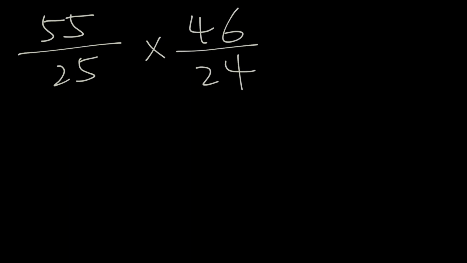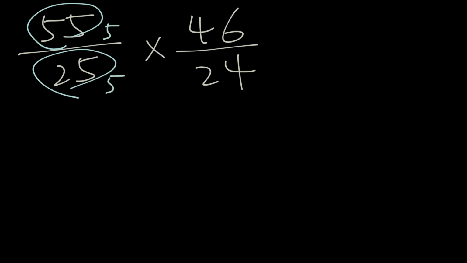Now by looking at this question, what do we see that can be simplified? I see the 55 and 25, they're both divisible by 5. And I also see 46 and 24, both divisible by 2.